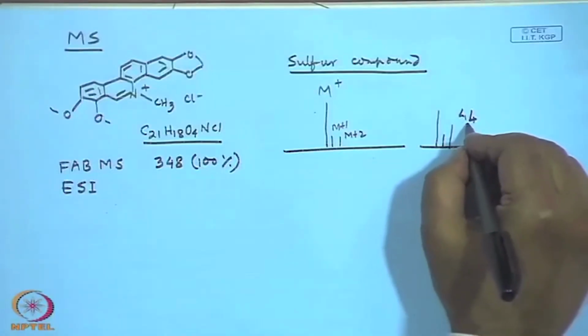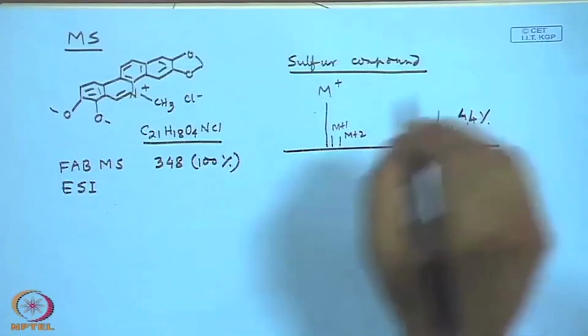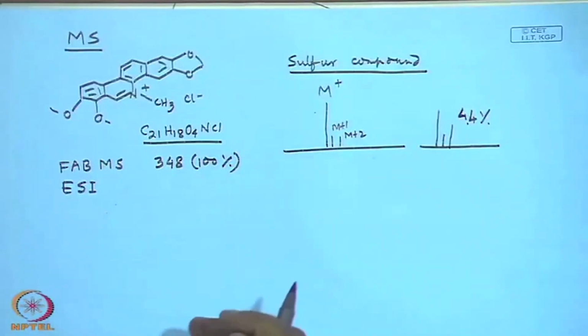Something like 0.4%, that means 99.6% is basically nitrogen 14, and 0.4% is this one. And in case of sulfur, sulfur 34 is 4.4%. Okay. So, it is significantly high. So, from there you can actually make out whether sulfur is present or not.